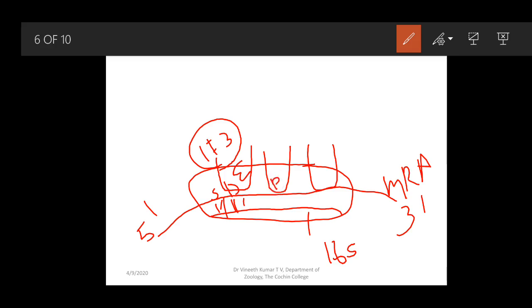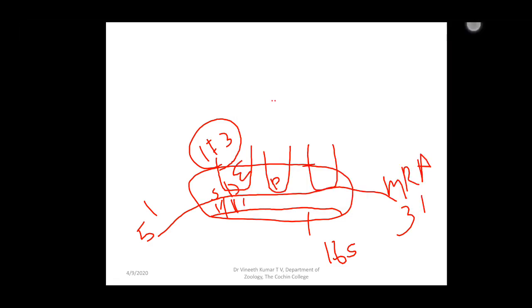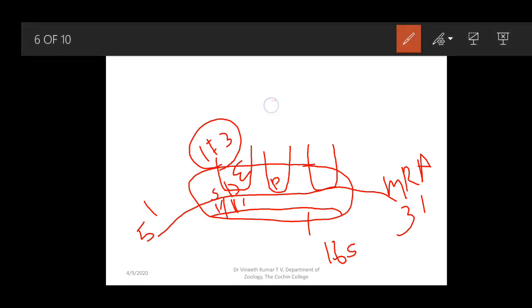So this is IF2 along with a GTP molecule, placed here, attached to this site. This is the A site, and you can see IF1 here.